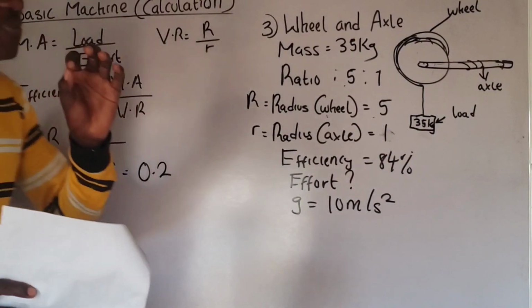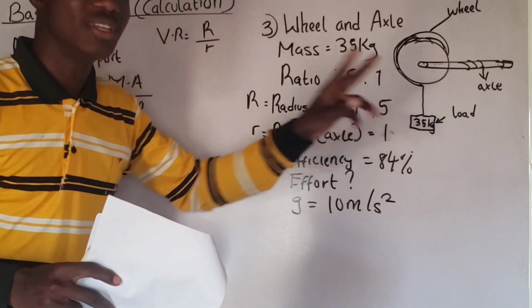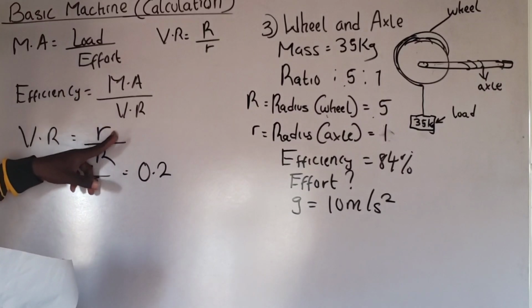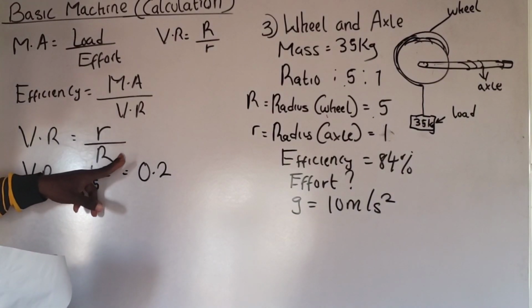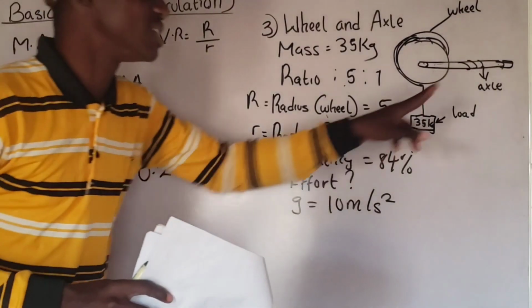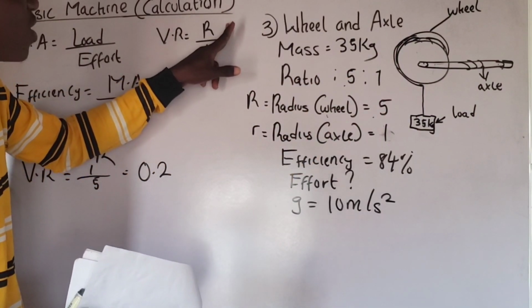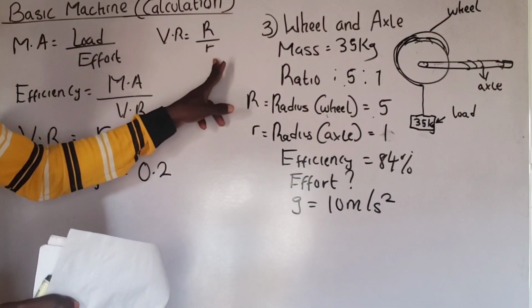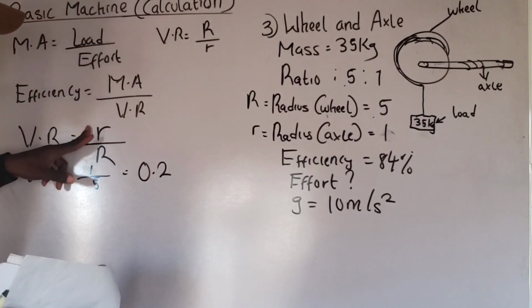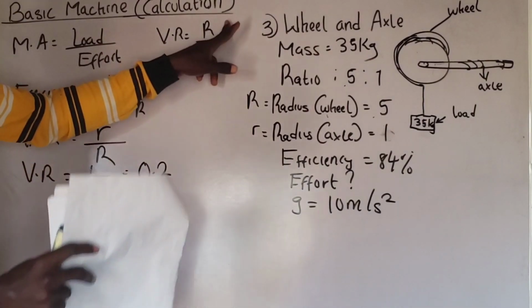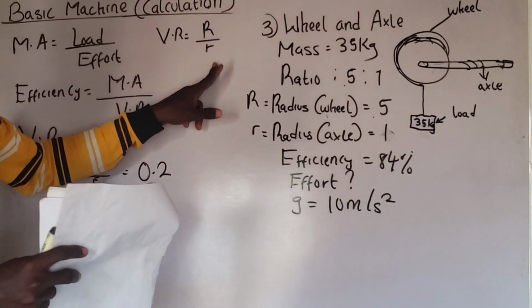If the load is on the wheel, the velocity ratio is the radius of the axle all over the radius of the wheel. If the load is on the axle, the velocity ratio is equal to the radius of the wheel all over the radius of the axle. You understand? So this one is radius of the axle all over the radius of the wheel. This one is radius of the wheel all over the radius of the axle. You understand?